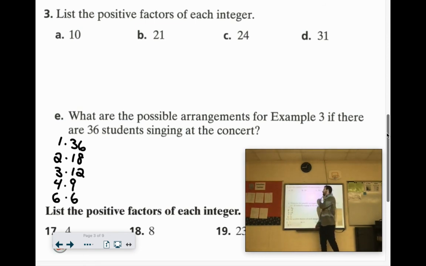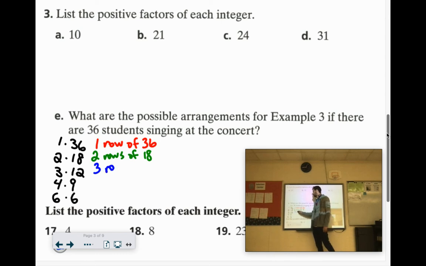If we need at least 5 students in each row, we could have 1 row of 36. We could have 2 rows of 18. We could have 3 rows of 12. 4 rows of 9. Or 6 rows of 6.